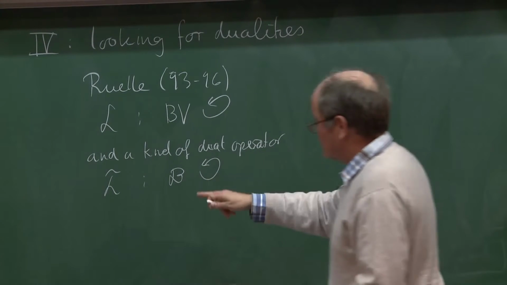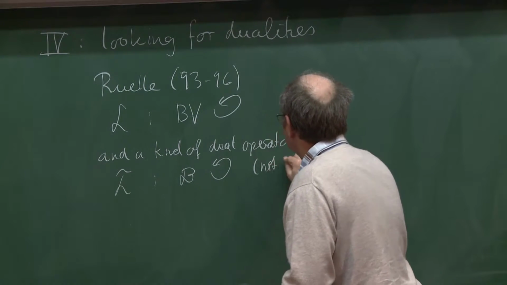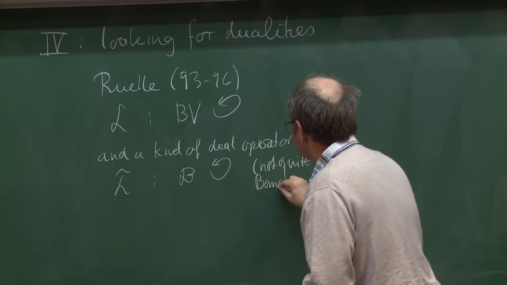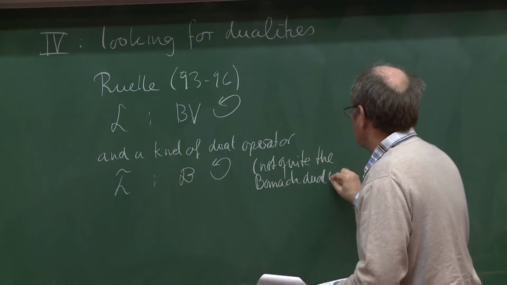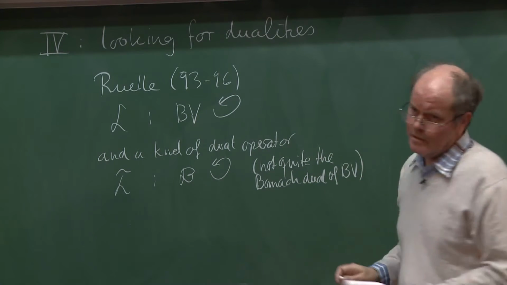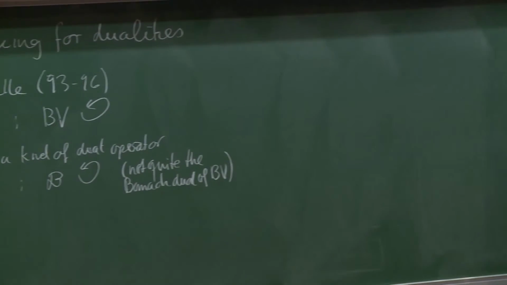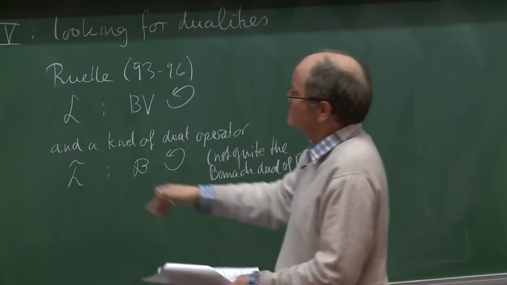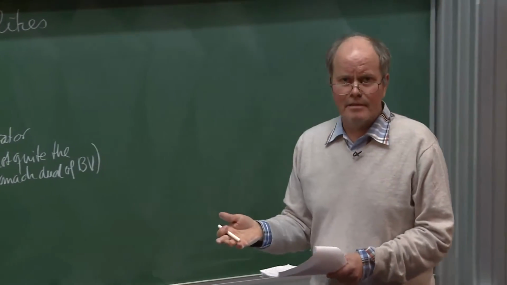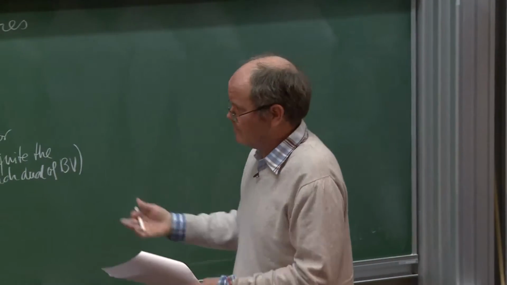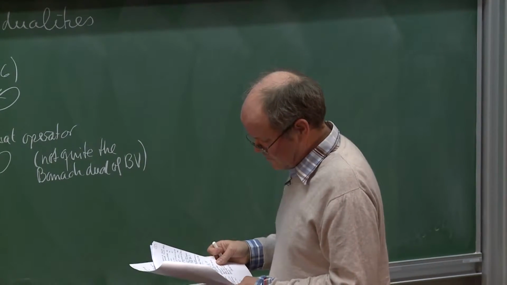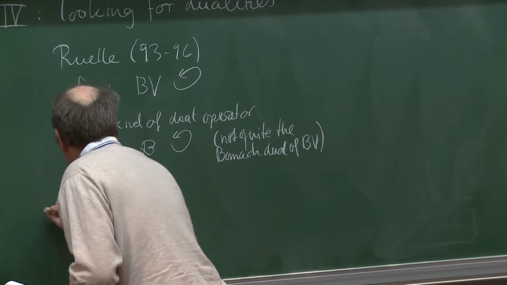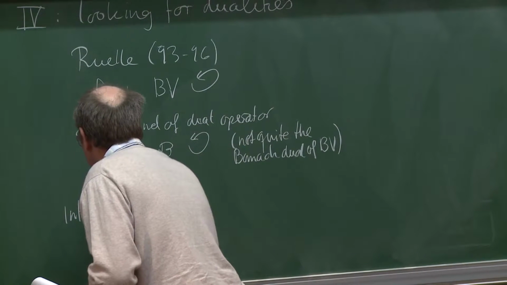Now, this space is unfortunately not quite the Banach dual of BV. So a priori, you can't really say anything about the identity between the spectral values of this and of this dual operator; you have to be very, very careful. But he arrived at something which is very ingenious, which is to introduce a trace.